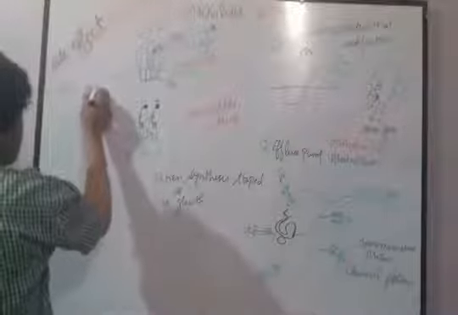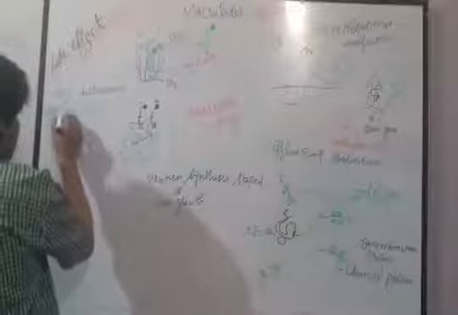Which kind of side effects are produced whenever we are giving these drugs? The first side effect is GI disturbance, gastrointestinal disturbance. The second one is jaundice.